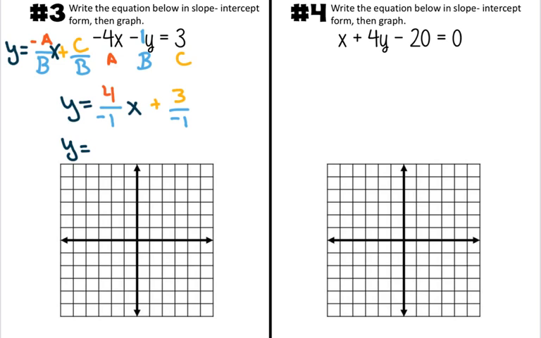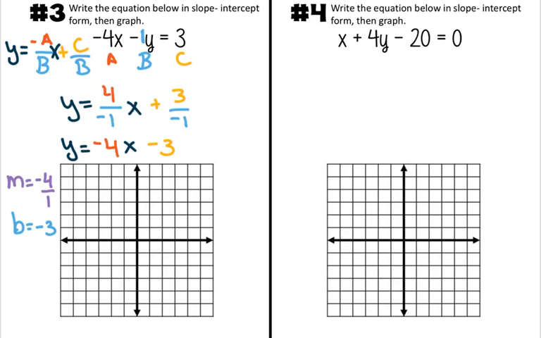So let's reduce those fractions. 4 divided by negative 1 is negative 4. 3 divided by negative 1 is negative 3. So my slope is negative 4. Turn that into a fraction over 1. My y-intercept is negative 3.